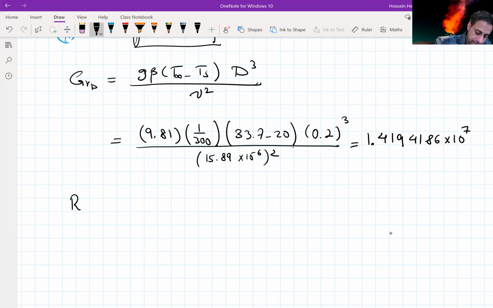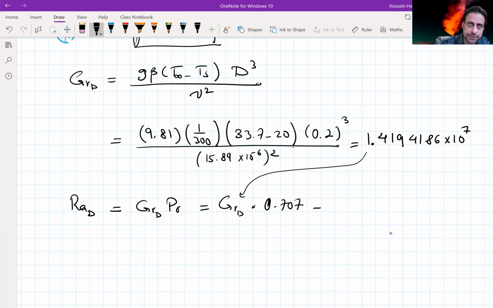Then let's evaluate the Rayleigh number to see which equation we're going to use. Prandtl is that, so I'm not going to rewrite that number, times 0.707. We're getting 1.0035289 times 10 to the power 7, which is less than 10 to the power 12.